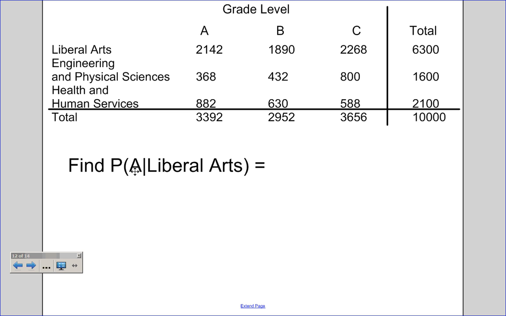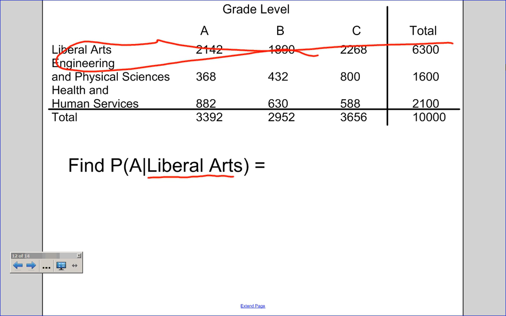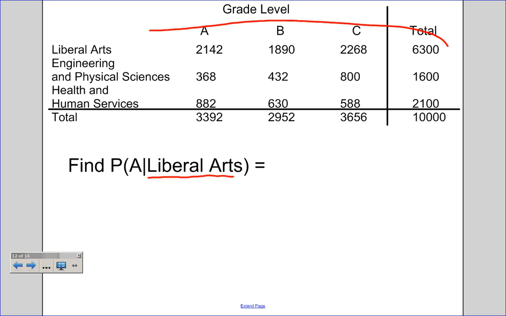The probability that they got an A, given the fact that it's a liberal arts course, well, this is our new sample size, or sample space. Oop, I can't draw a circle apparently. Let's try it again. This right here is our new sample space.